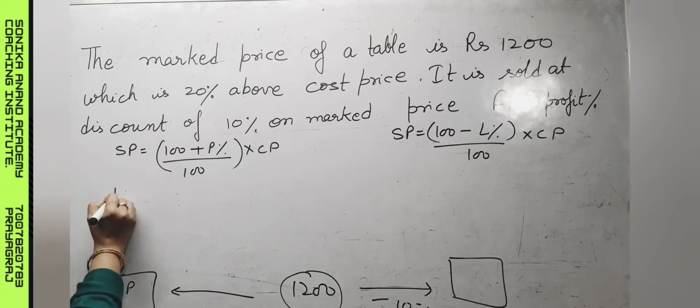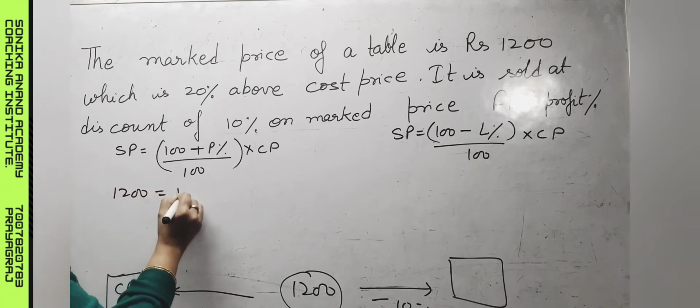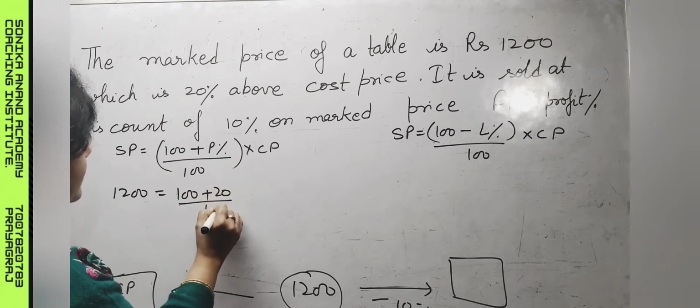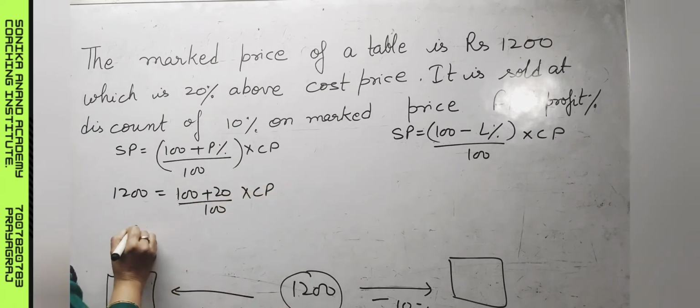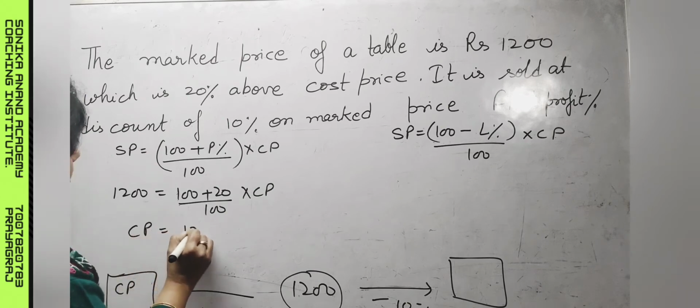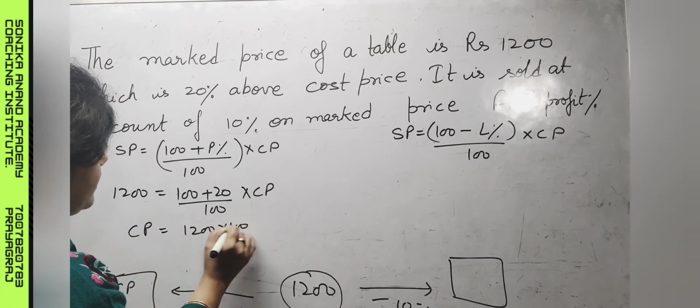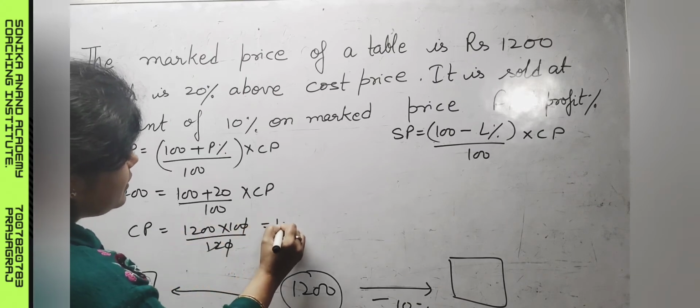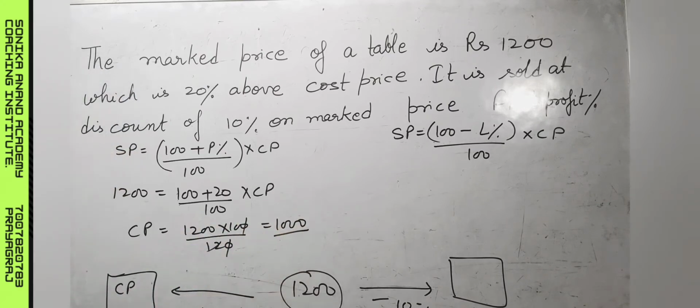So we put here 1200, which is equal to 100 plus profit percent, 20, over 100 into CP. So now what is CP? CP becomes 1200 into 100 by 120. That gets cancelled and we get 1000 rupees.